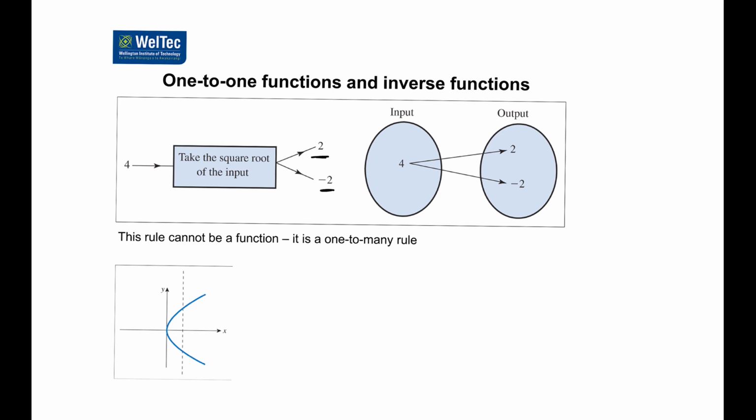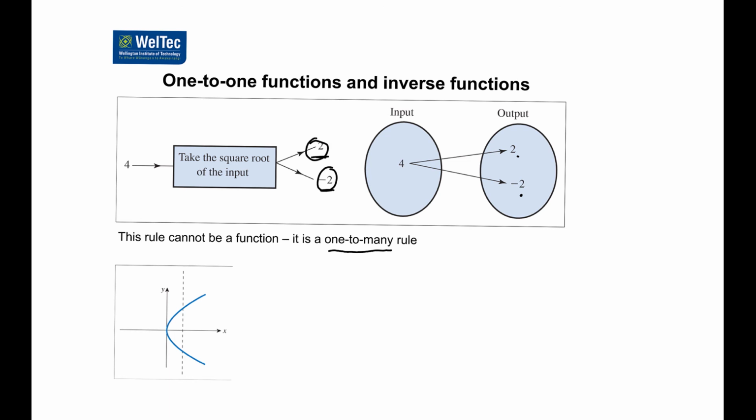And if we were to draw it with these Venn diagrams, 4 is mapped onto 2 and 4 is mapped onto -2. So if we want a description of that, we say it is 1 to many. And 1 to many cannot be a function, this thing with a unique output. It doesn't have a unique output. This particular relationship doesn't make it into a function because you've got two answers.